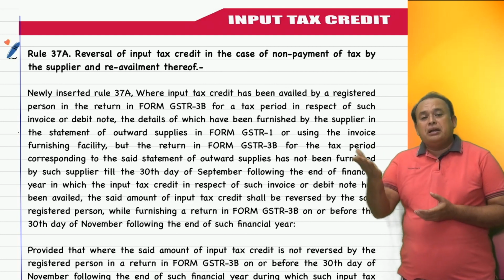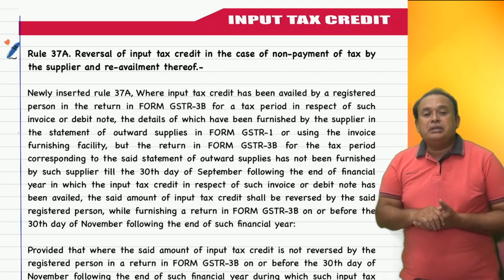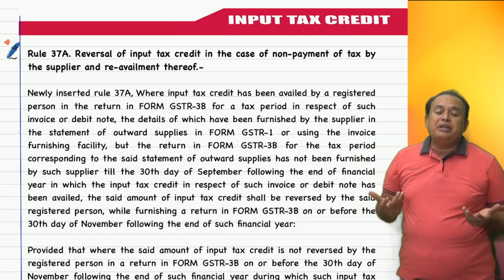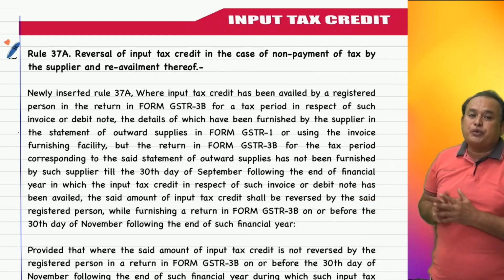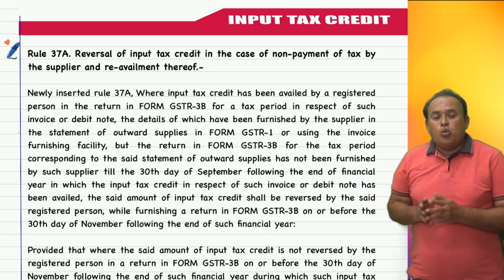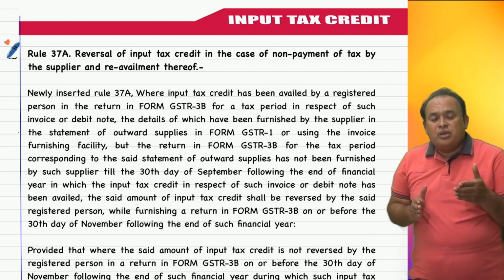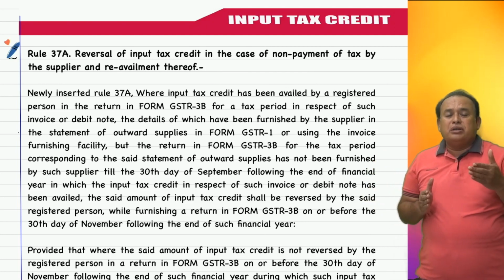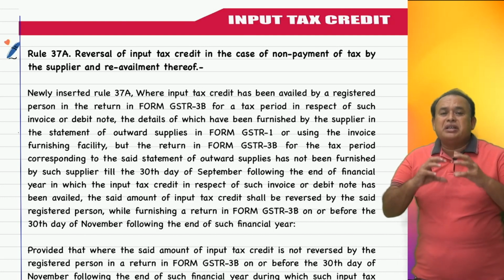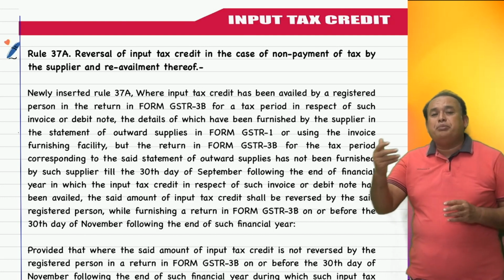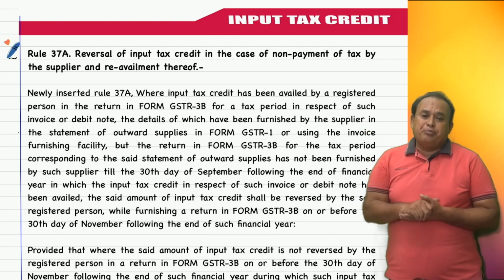If the supplier has not made the payment to the department, the recipient is not eligible to avail the input tax credit. Here the amended provision has been brought into force, specifying the time on or before which the credit should be reversed if the supplier has not made the payment to the department.